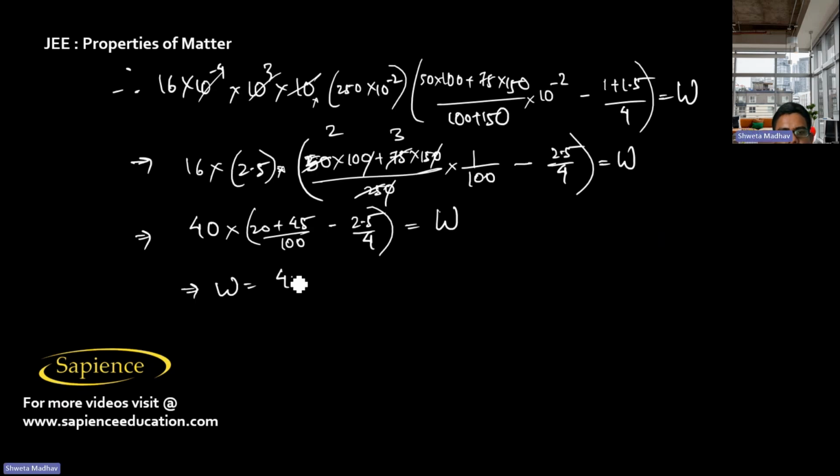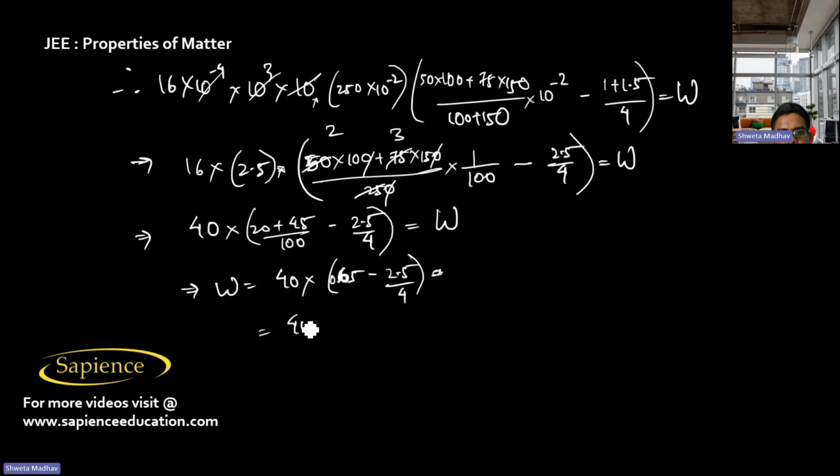So that will be 40 into this is 65, so 6.5 minus 2.5 by 4. 65 by 100 is 0.65.